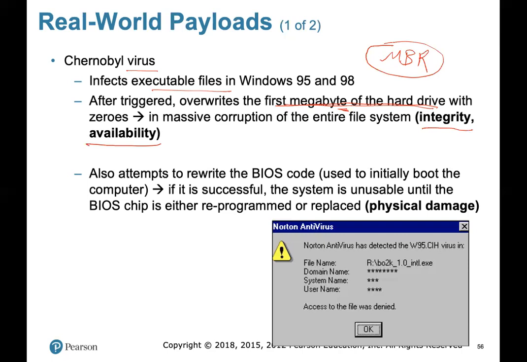These are examples of data destruction. But there is also another set of attempts in this virus that tries to rewrite the BIOS code. You remember when I talked about computer systems, I talked about main memory, and I said that in main memory we have two types of memories. One portion is called ROM, read-only memory, and the other portion is RAM, or read-write memory.